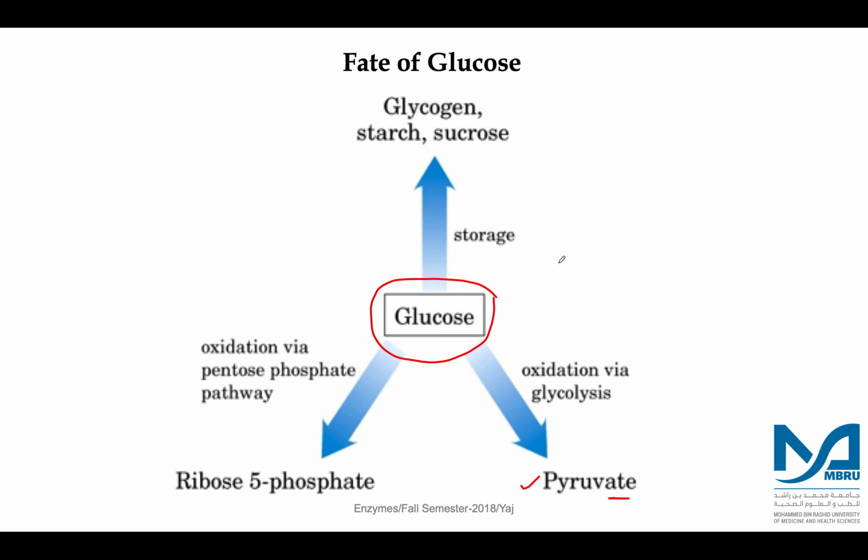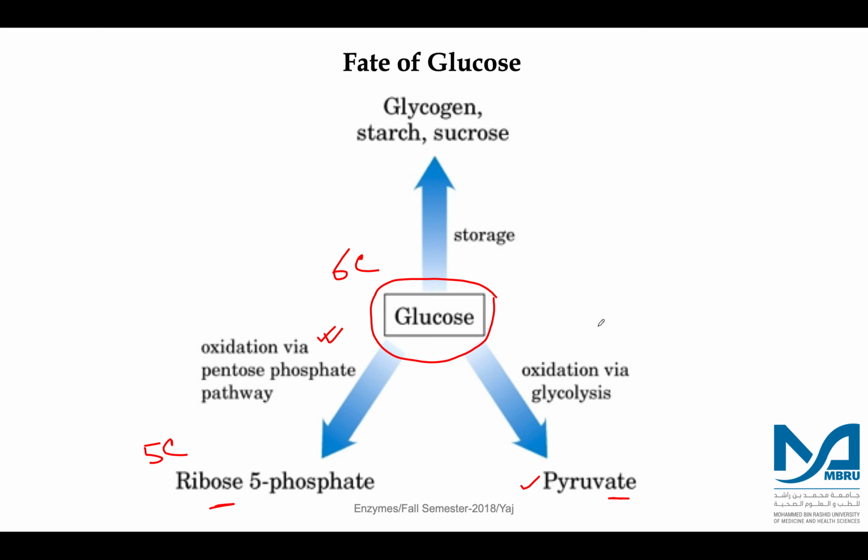So basically, this week and next week, we will focus on the other two arms of this figure. In this lecture, we talk about the pentose phosphate pathway, which is oxidation of glucose to ribose 5-phosphate. Glucose is a 6-carbon carbohydrate. Ribose 5-phosphate is a 5-carbon carbohydrate molecule.